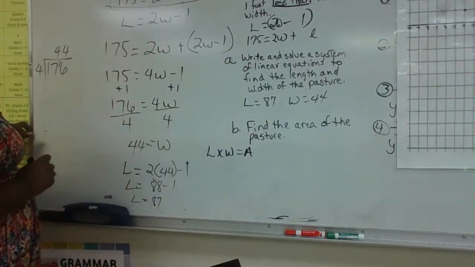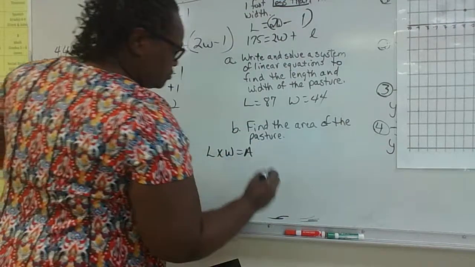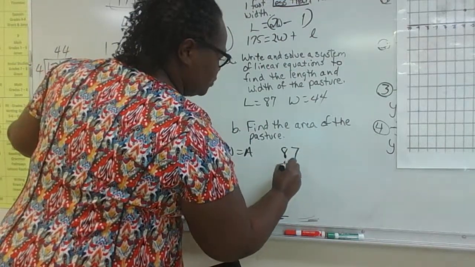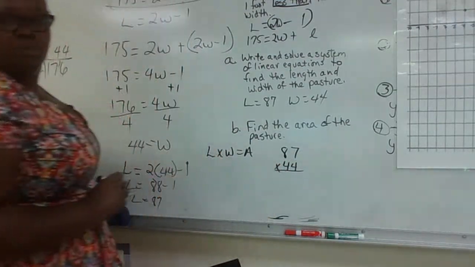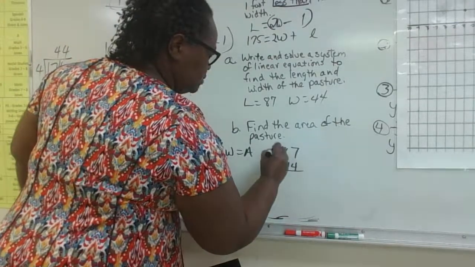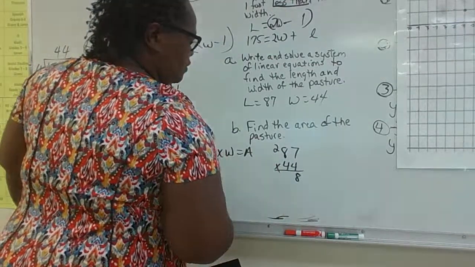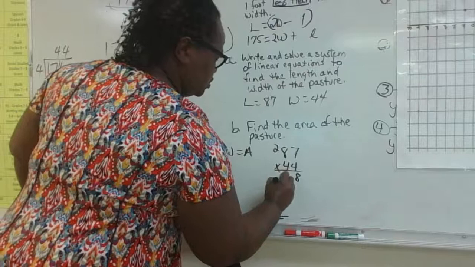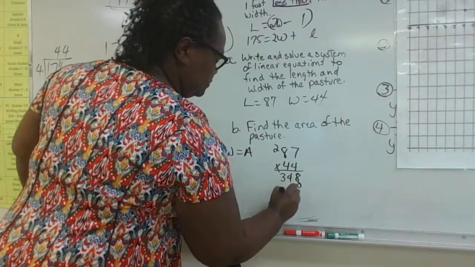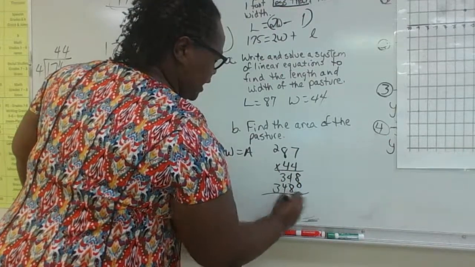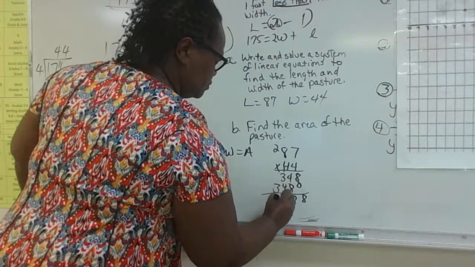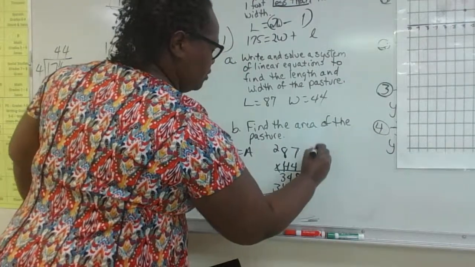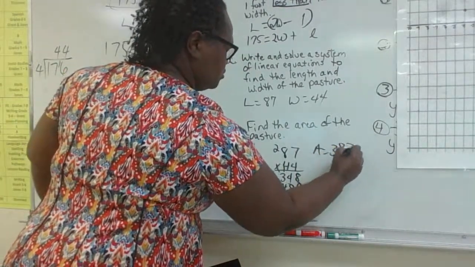That is our formula, right? So let's go. 87 times 44. We multiply here. 4 times 7 is 28. 4 times 8 is 32, plus 2 is 34. We do it again. We add. And we get area is equal to 3,828.